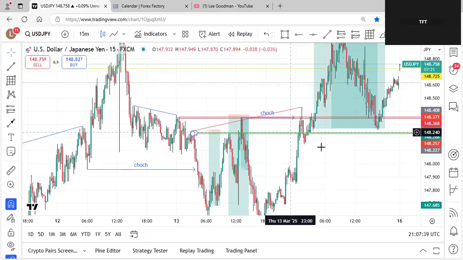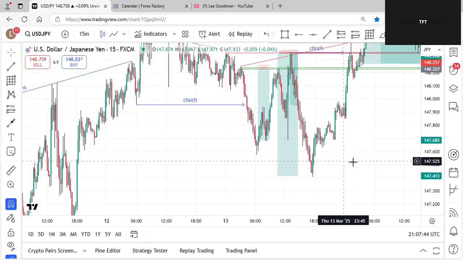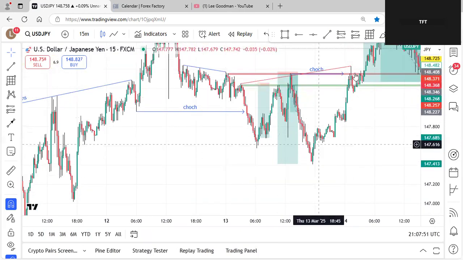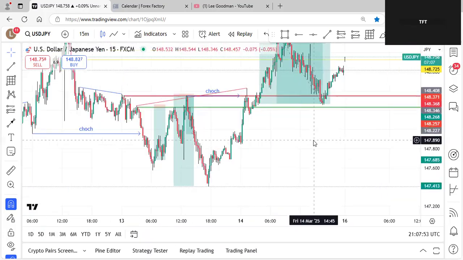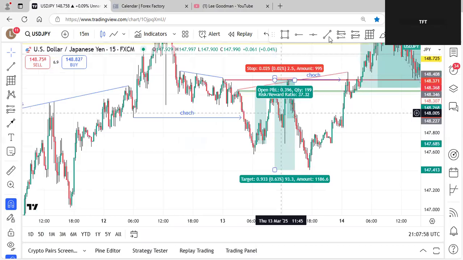So yeah, change of character. If we've got a trend line somewhere in here, maybe we've got a sweep and change of character. I mean, we can possibly come back somewhere in there for a buy this week.